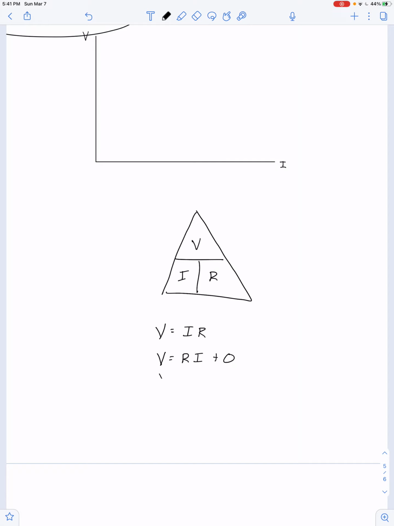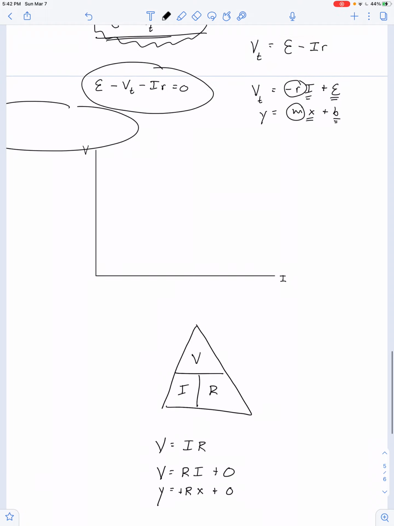So if we put voltage on a y-axis and current on the x-axis, then we should have a y-intercept of 0 and a slope equal to positive the resistance. In other words, we expect to get a graph like this, where the slope is equal to R.